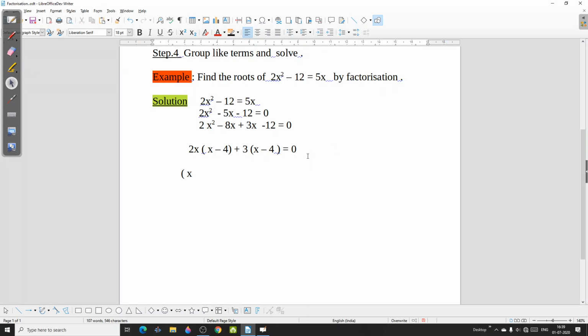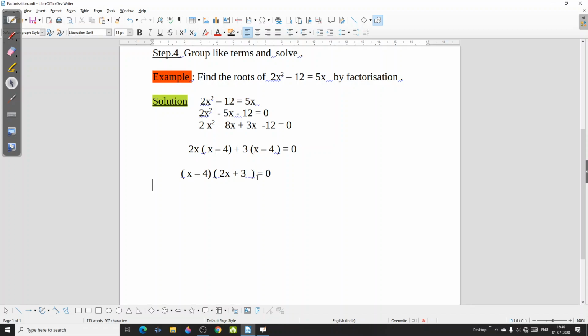After taking out common, what will remain here? From the first term, the remaining term will be 2x, and from the second term we'll get plus 3, because x minus 4 has been taken out. Now we'll close the bracket, equal to 0.